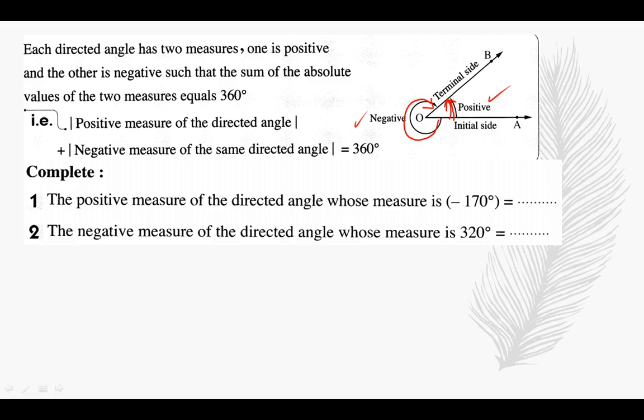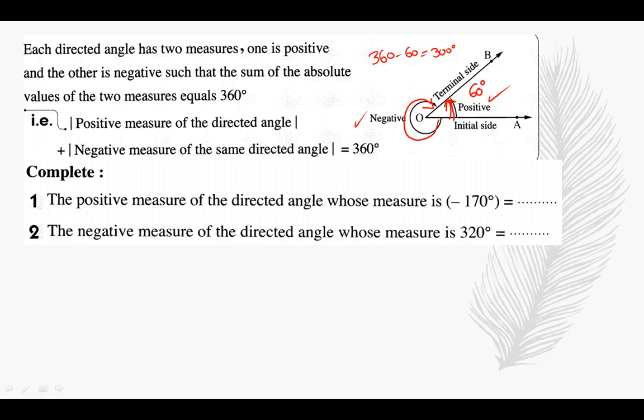I will give you an example. If the measure of this angle is 60 degrees, and the measure here is positive because the direction of the rotation is anti-clockwise, then the reflex angle AOB will be equal to 360 minus 60, and this equals 300 degrees.